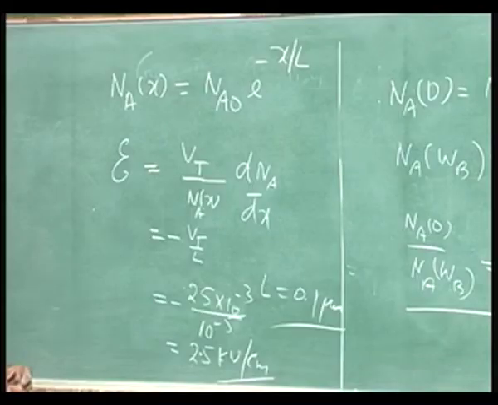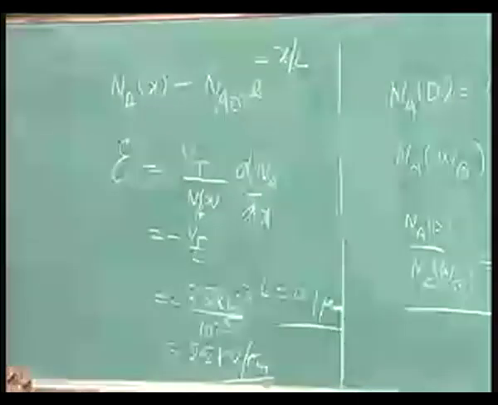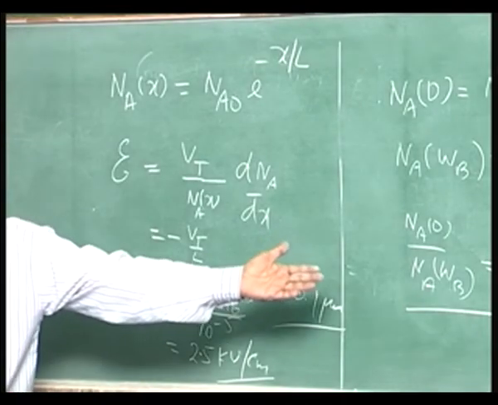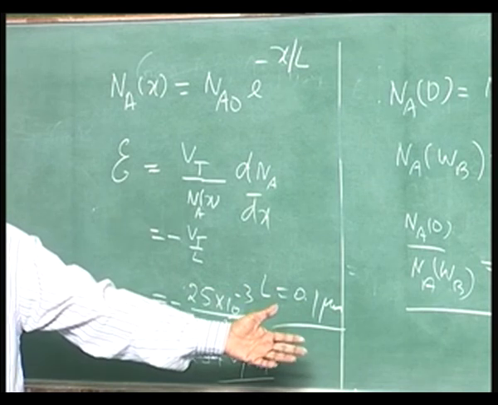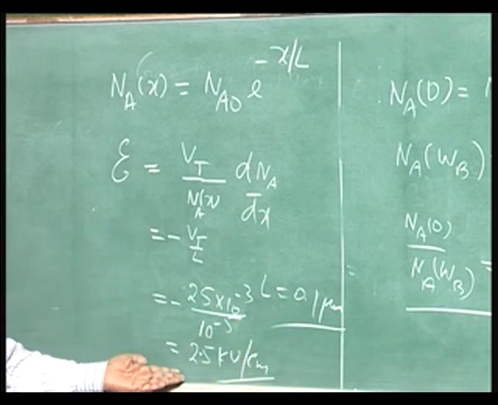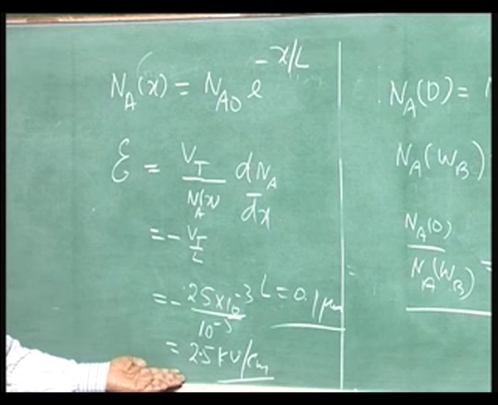So, you have this much field, and in this case I have taken an example where the base width is 0.4. If I take the same example with base width 0.1, 1/4 of that L will give 4 times the field, 10 kV per centimeter.